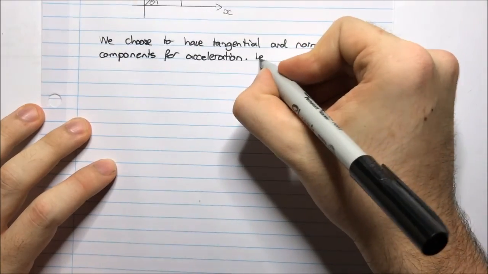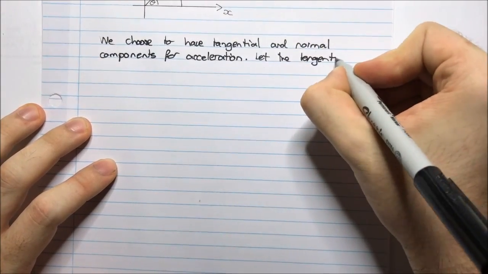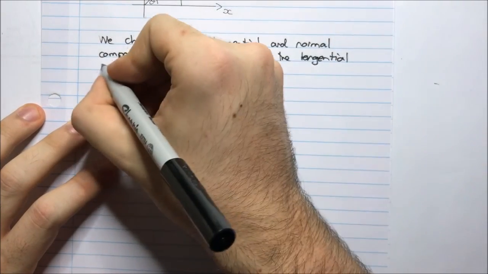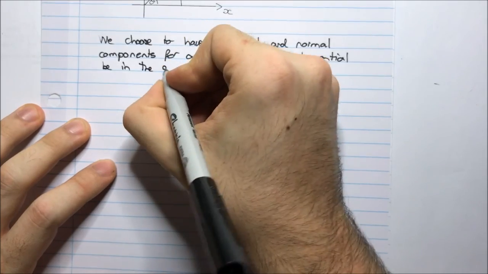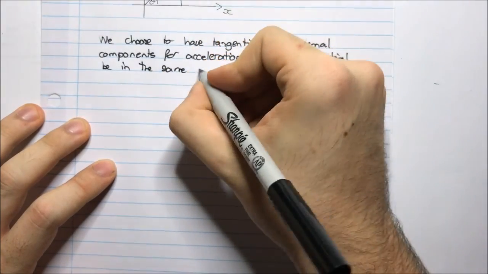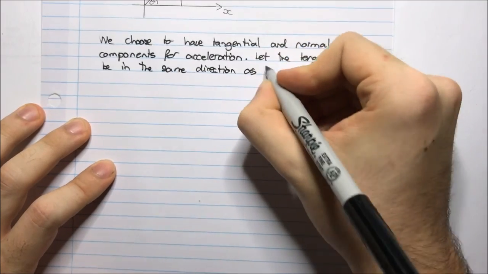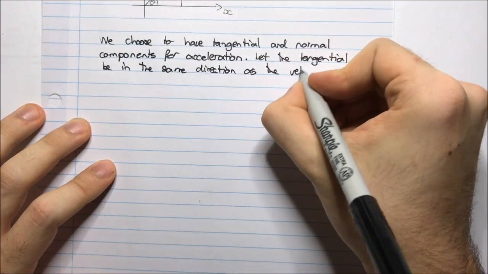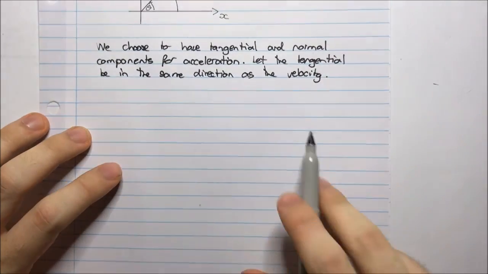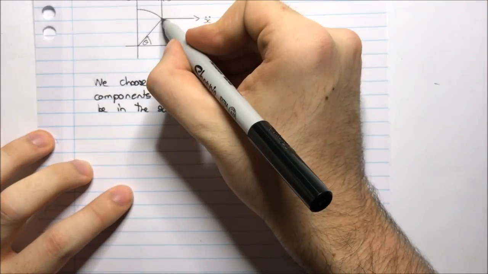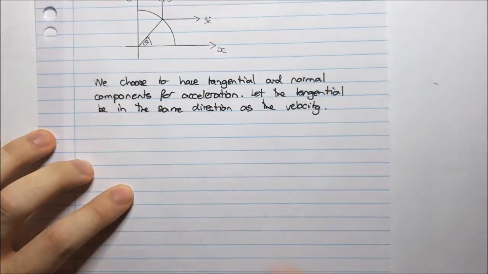Alright, let the tangential be in the same direction as the velocity. So in other words, now velocity, I mean linear velocity. In other words, it's going to be in this direction, from here outwards, upwards rather.